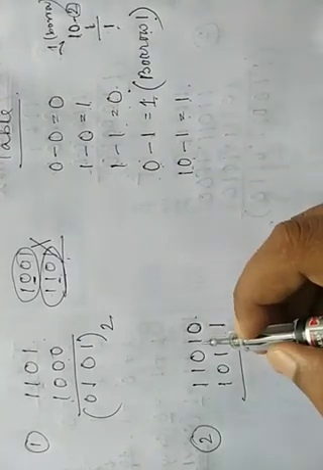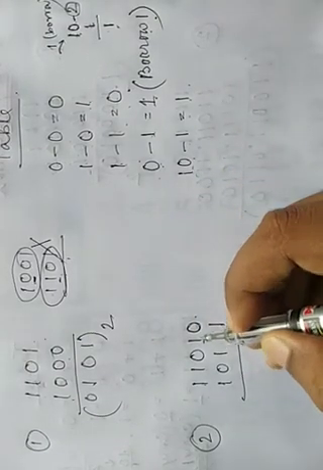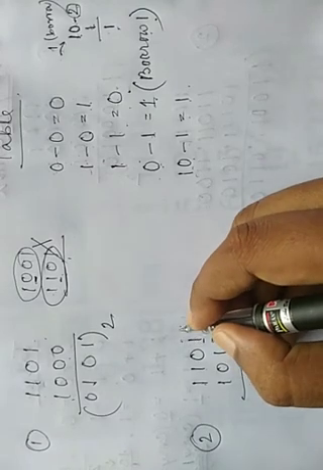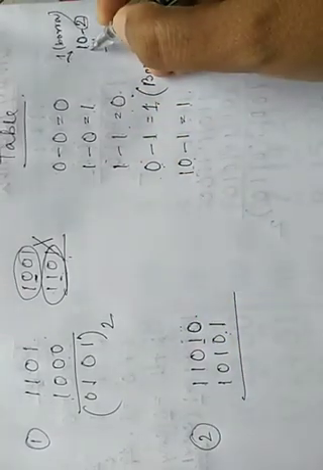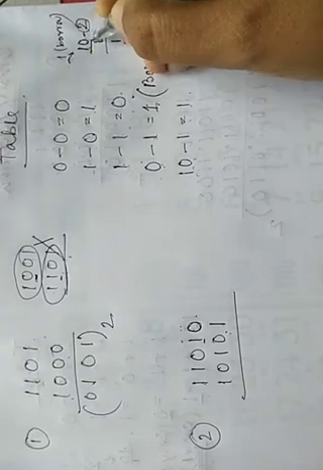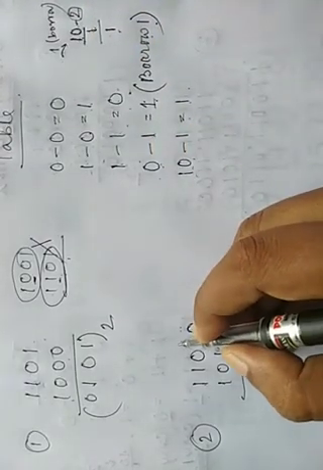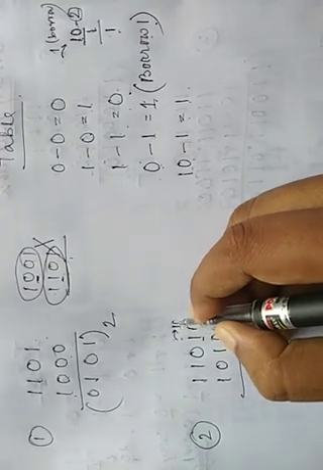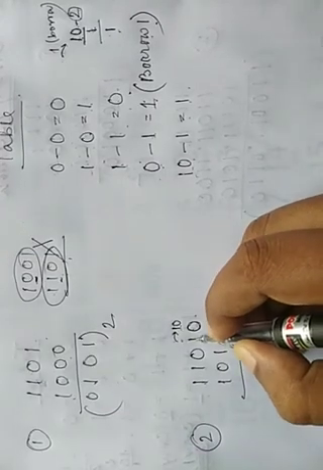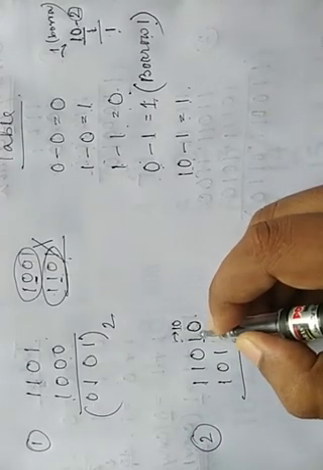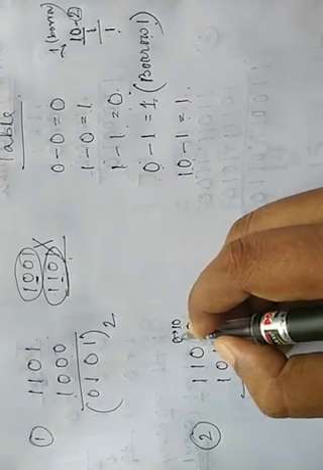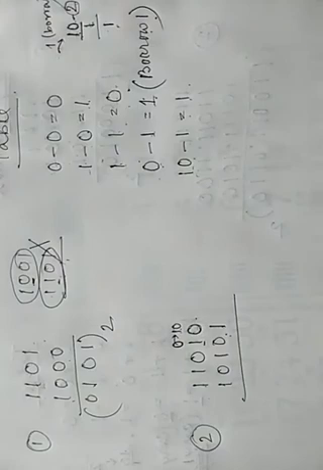Here the previous number is 1, so we borrow 1 from it. If we borrow 1, the 0 becomes 10. Whenever this 1 goes there, this 0 becomes 10. And as 1 is taken from this number, this 1 becomes 0. Mind it, this is the main process in subtraction.